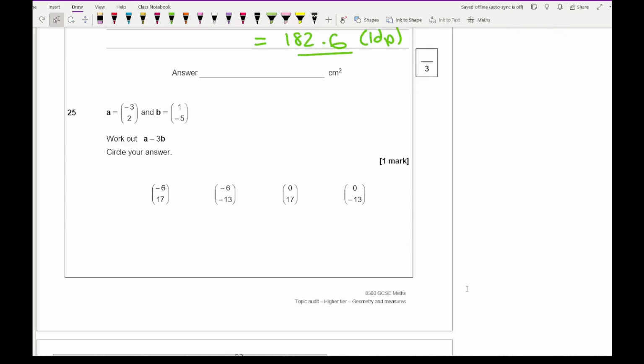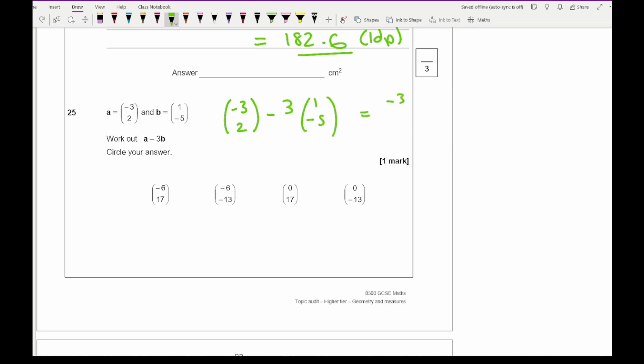Then moving on to question 25, it says that A is a column vector of minus 3, 2. B is a column vector of 1, minus 5. Work out A minus 3B. So it's going to be minus 3, 2, minus 3 lots of 1, minus 5.